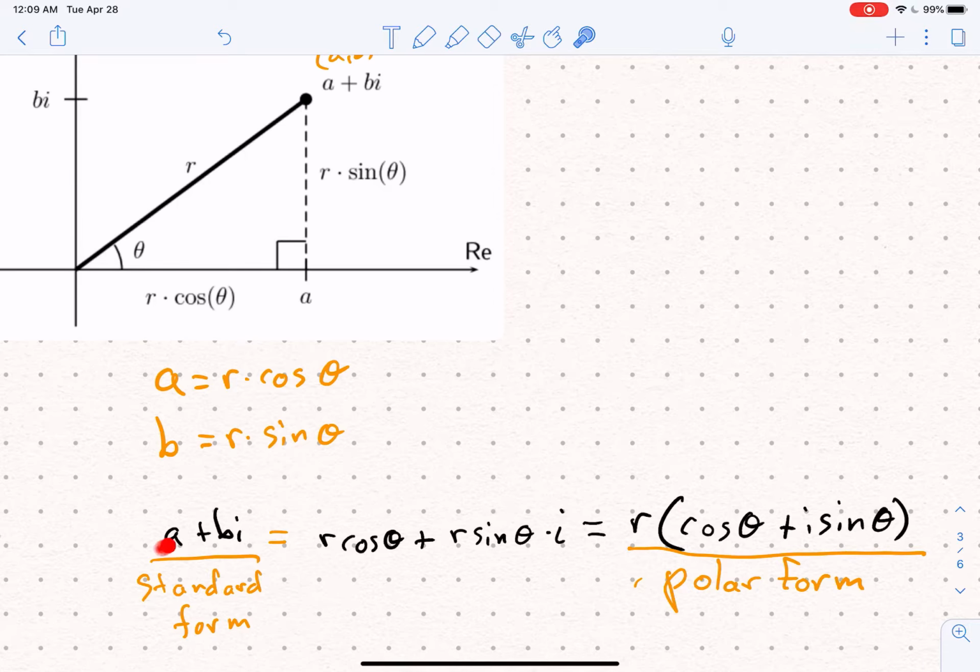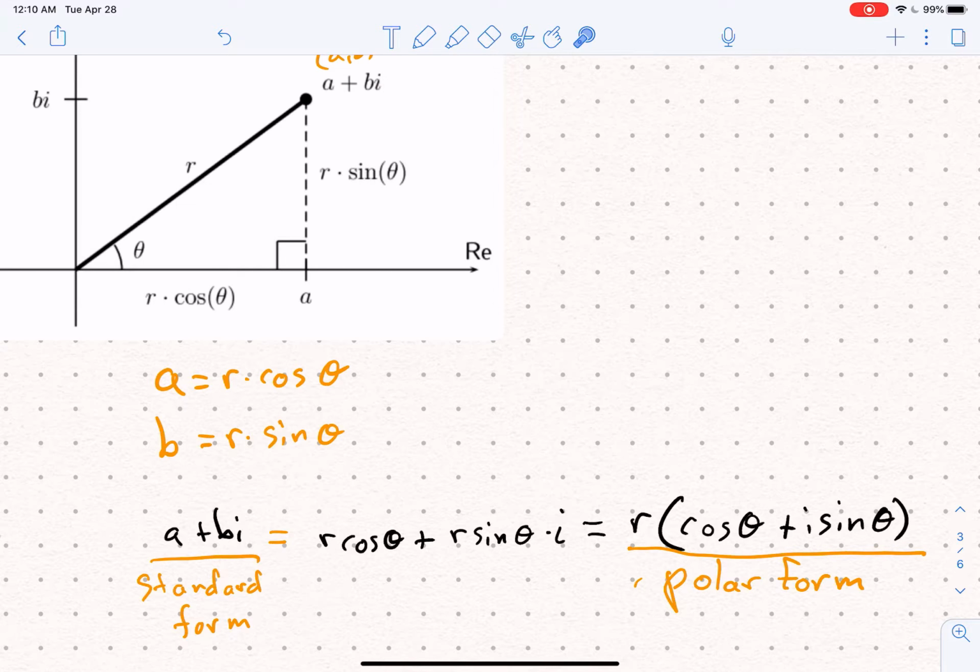It's just that here, that point is being given to us with the a and the b, which is like the x and the y coordinates. And here, that point is being given to us in this expression that involves r, that distance to the origin, and then the angle. The angle in cosine theta plus I sine theta is the angle from the positive x-axis, or the positive real axis, up to that line that goes out to our point.